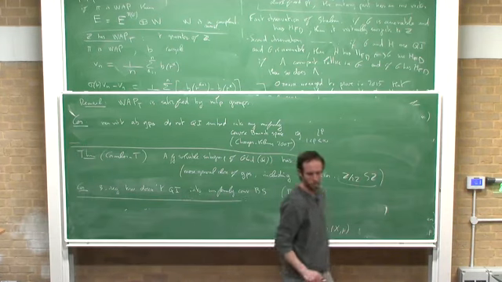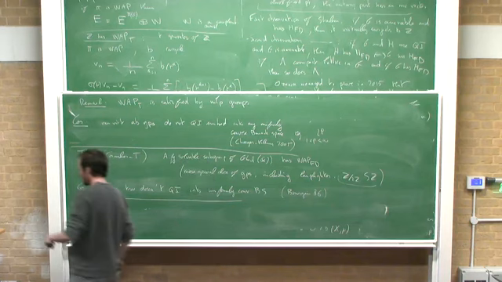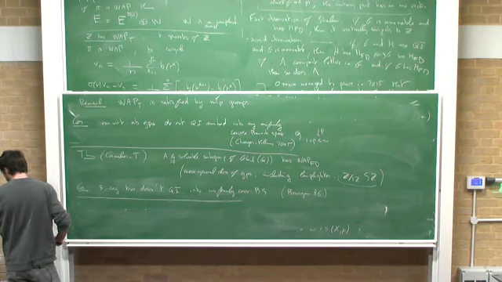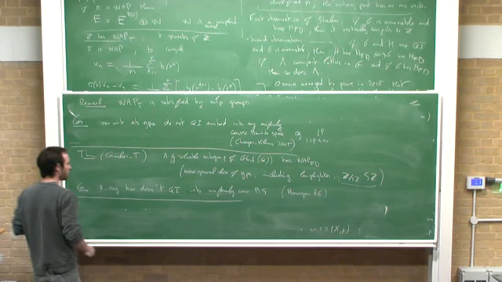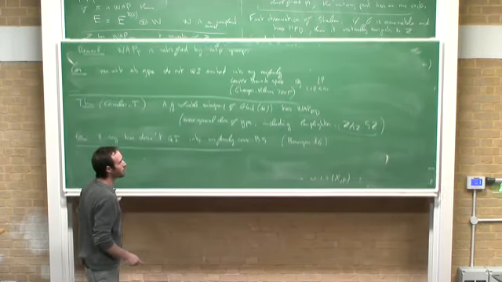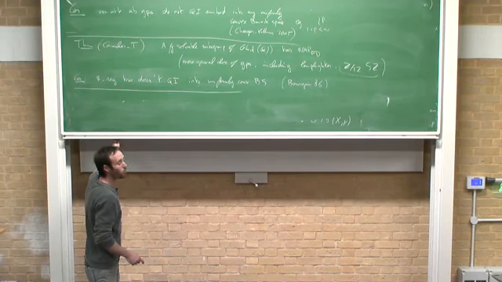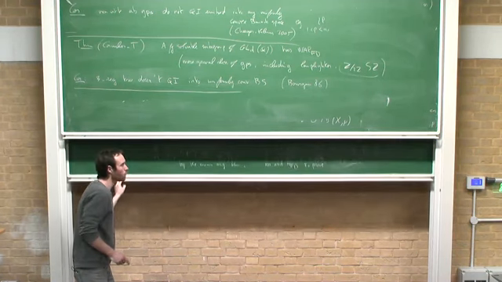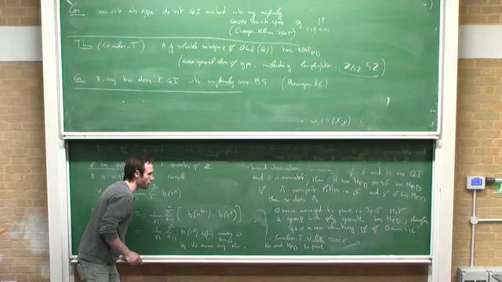Okay, so I'd like to maybe say a word about the proof because the proof contains some intermediate steps which are maybe even more interesting than the result itself, at least for some of you who are interested in the structure of solvable groups.